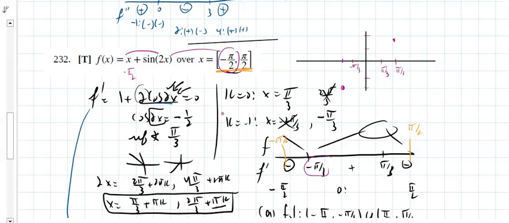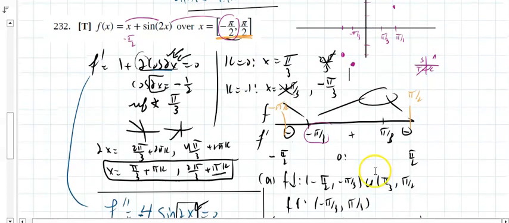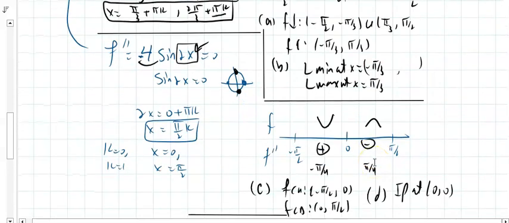Sine of negative 2 pi over 3 is negative. So the point is down here somewhere. And a maximum at pi over 3.